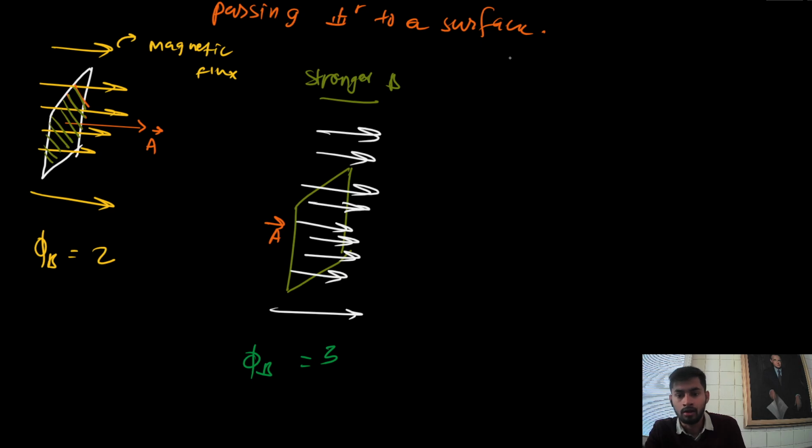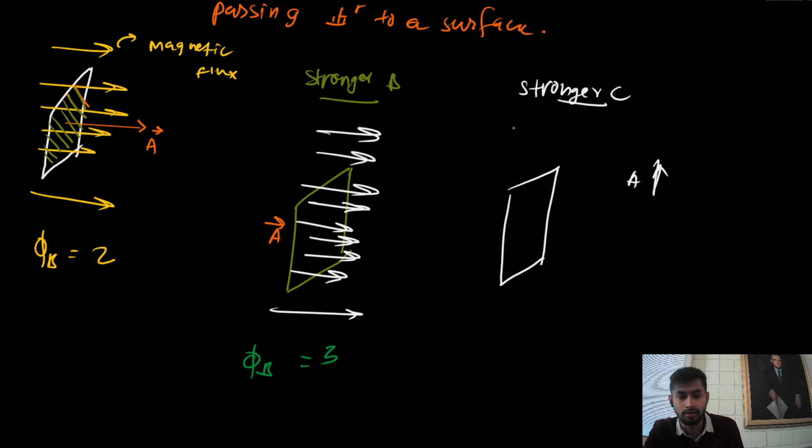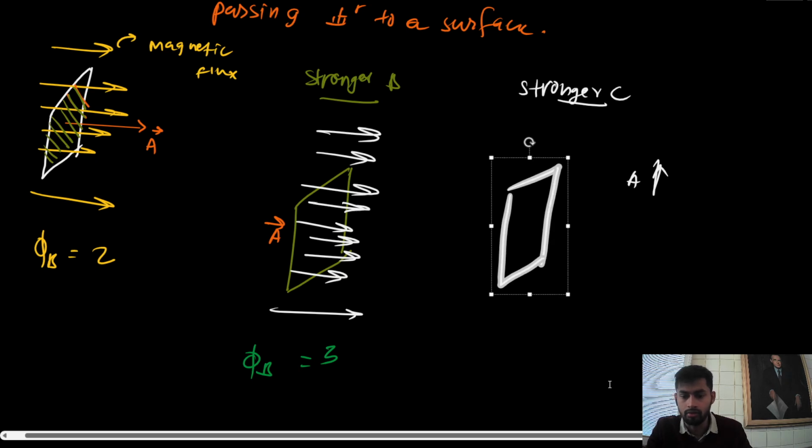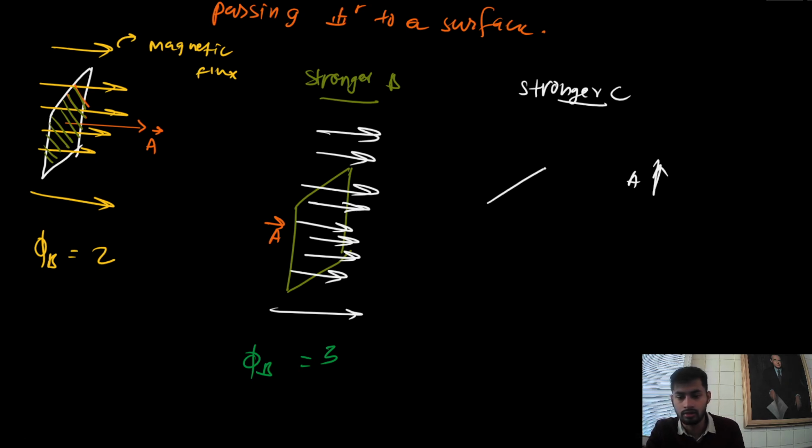Now, coming back to our topic, there is another way to have stronger magnetic flux. That is if we increase the surface area. This is not quite a representative area.